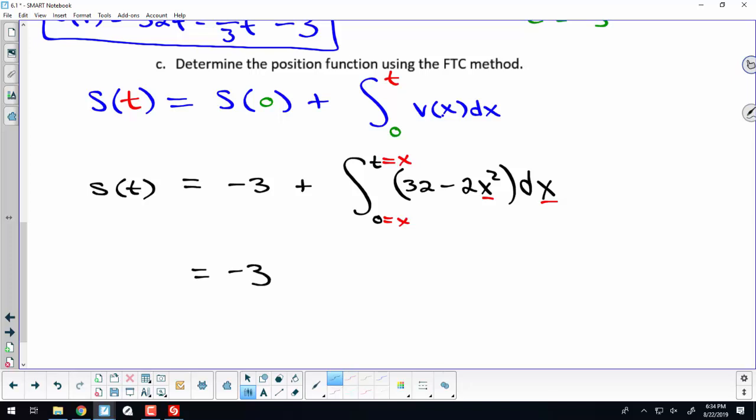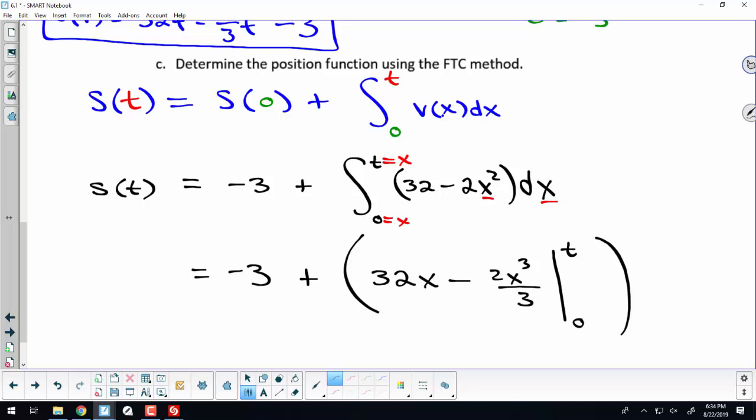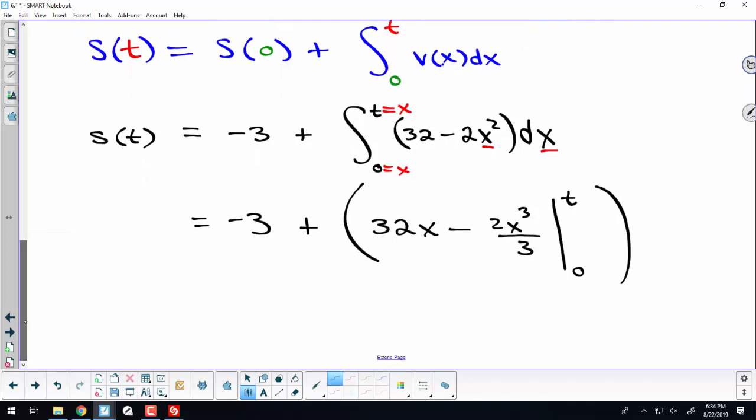So we have -3 plus the antiderivative, you get 32x minus 2x cubed over 3, evaluated from x equals 0 to x equals t. And so 0 in there is just going to zero everything out. T in there is going to give us what we need, and then we can compare to our previous result. It'll just be written in a different order.